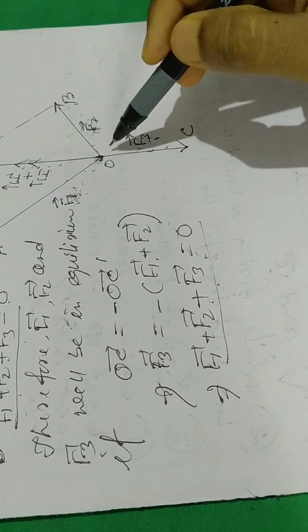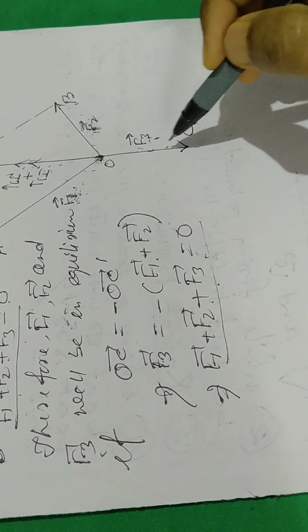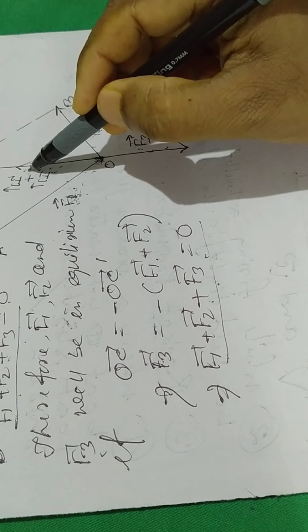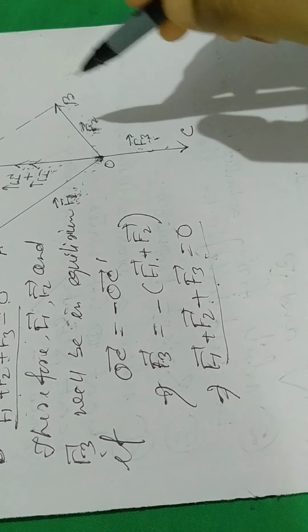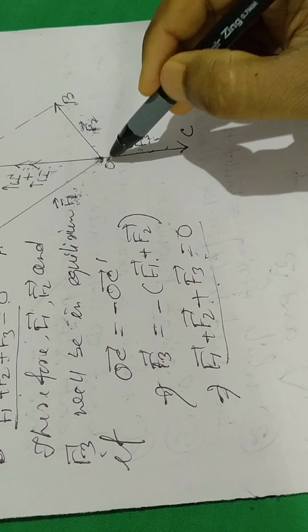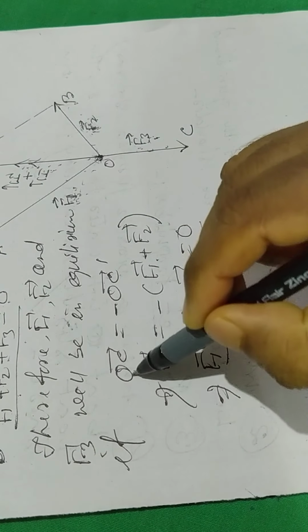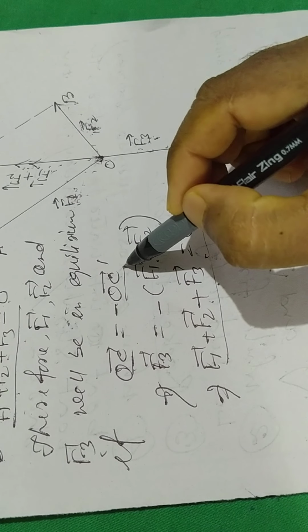Now we have drawn another vector F3, which is equal and opposite to F1 plus F2. So OC is equal to minus OC dash.